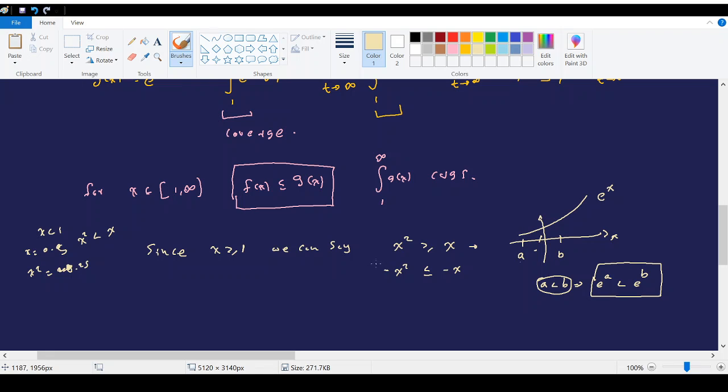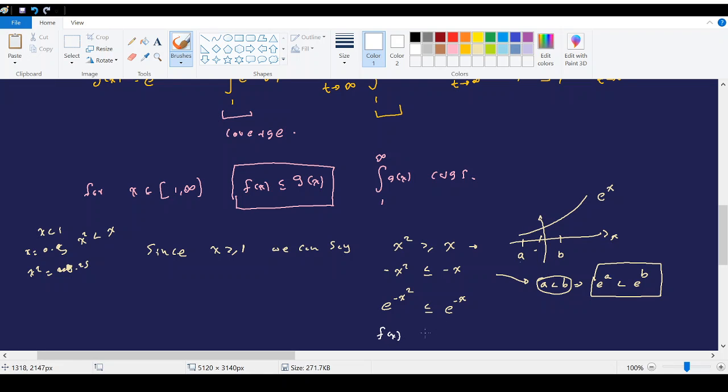So accordingly, since e^x is increasing, we can apply the same result as here, right? So e to the power negative x squared will be less than or equal to e to the power negative x. In other words, this is the function that they have given, right?